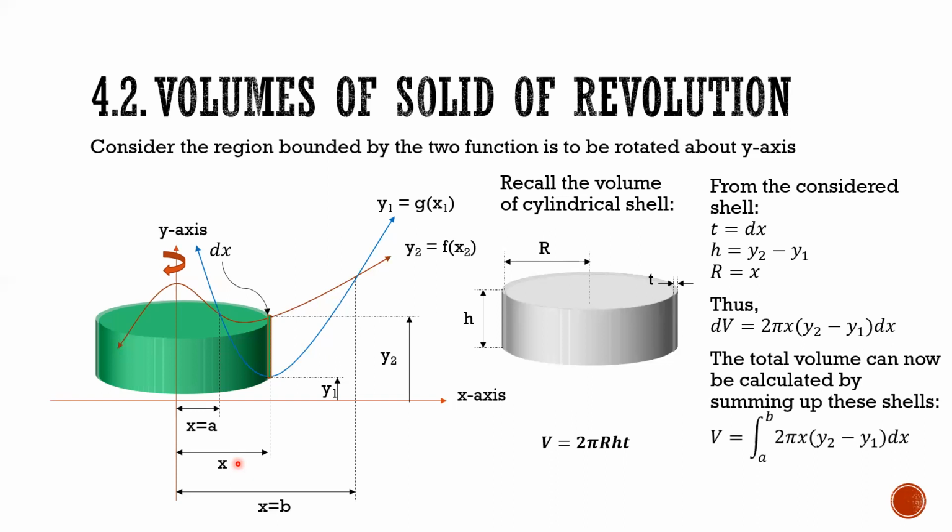Again, note that we are integrating with respect to x, thus the limits should be in terms of the x coordinate. That is from this point up to this point, which is the boundary of the region. So this is called the shell method or the cylindrical shell method.